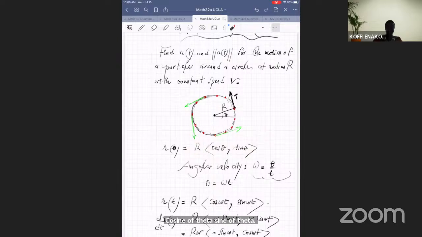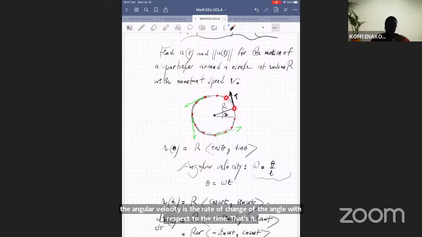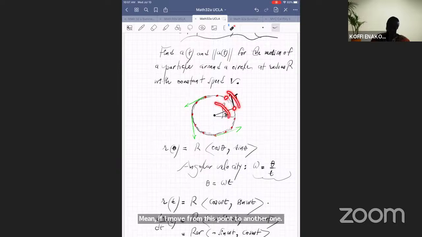But if the trajectory is happening at a constant speed, I can find what is called the angular velocity. The angular velocity is the rate of change of the angle with respect to time. If I move from this point to another one, there is a change in the angle theta.